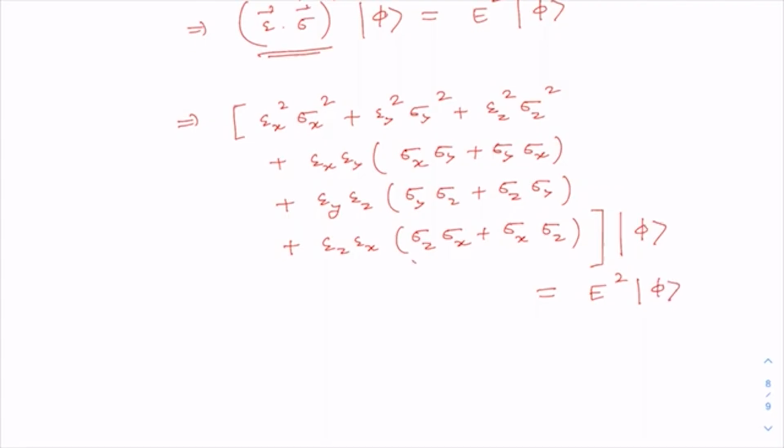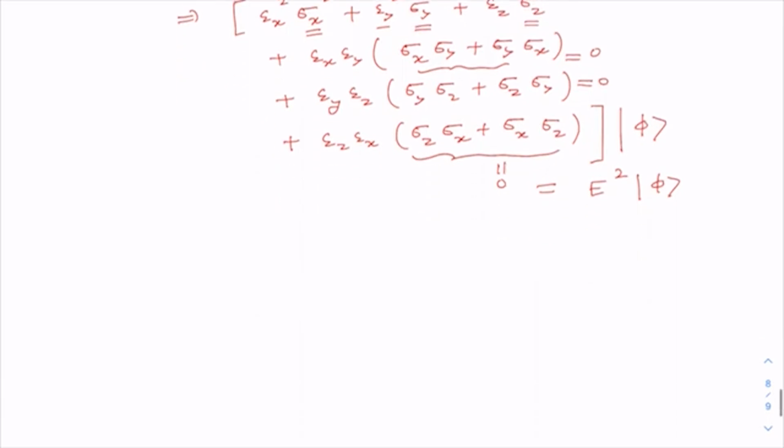Already we know that there is the anti-commutation relation between sigma z and sigma x. Similarly, all these terms anti-commute, so this would be 0. On the other hand, sigma x square, sigma y square, sigma z square are the identity, so we will be left with epsilon x square plus epsilon y square plus epsilon z square applied on this ket phi.